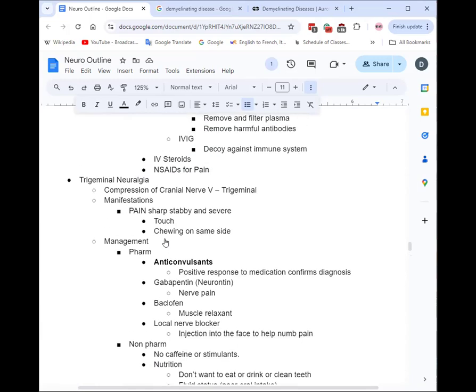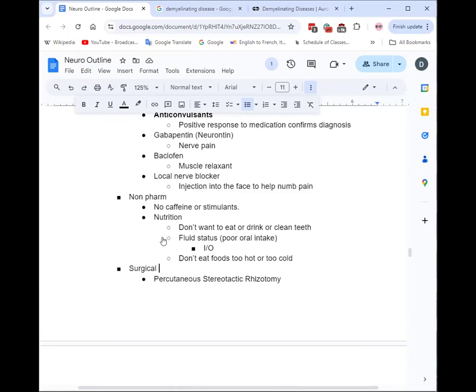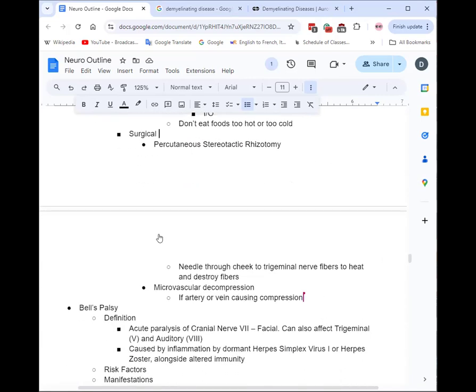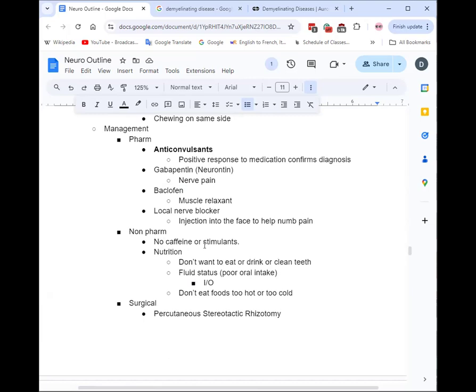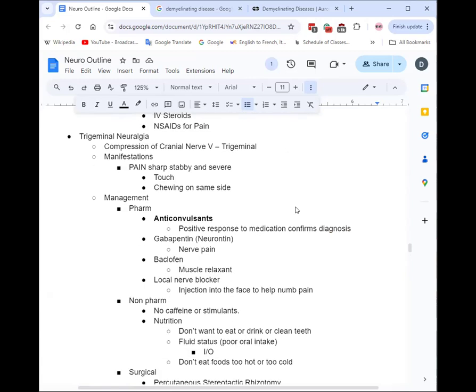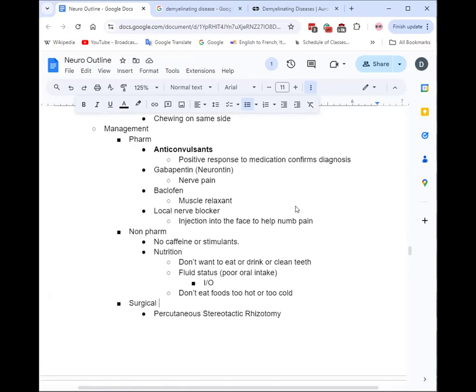So that completes it for your trigeminal neuralgia. Your main things you're going to have to know: face pain, face spasm, sharp, stabby, severe, painful to touch, heat, cold. They might not want to chew on the same side because we have a whole bunch of pain on that side, kind of like when you get an abscess on your tooth. They don't want anything to do with that side of the mouth.